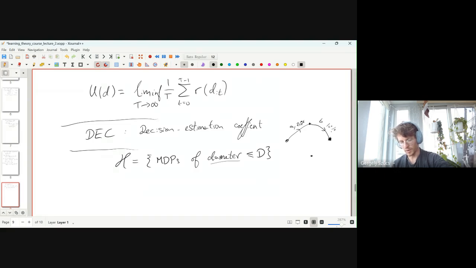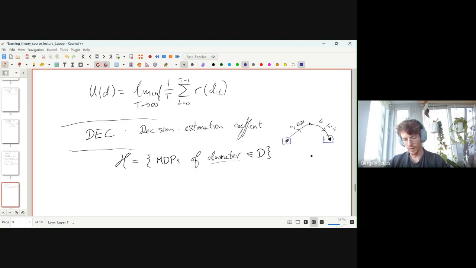If you pick two states, you can ask how long it takes in expectation to get from one to the other following the best policy. The diameter is the biggest possible time it can take to go from one state to another. That's the high level idea.